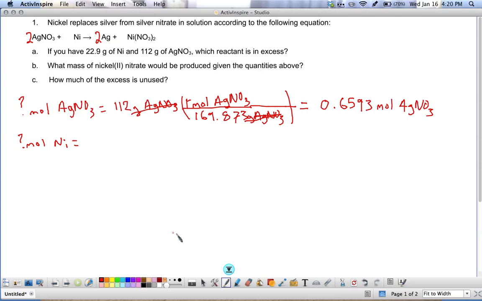Okay, now we come back over here to the nickel, and we'll switch colors. And with nickel, we start with 22.9 grams nickel, and again we multiply it by the molar mass over 58.6934 grams nickel.